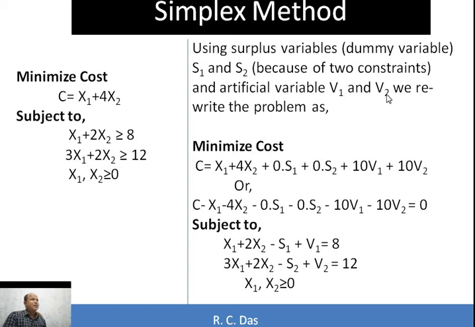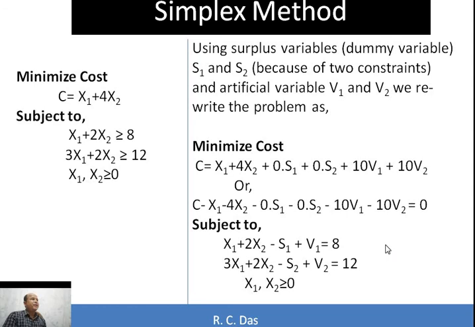The surplus variable s1 is deducted from the first constraint, and we added another, artificial variable v1, so it becomes x1 plus twice x2 minus s1 plus v1 equal to 8.